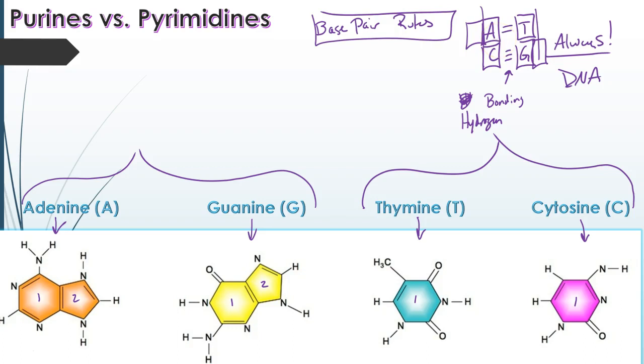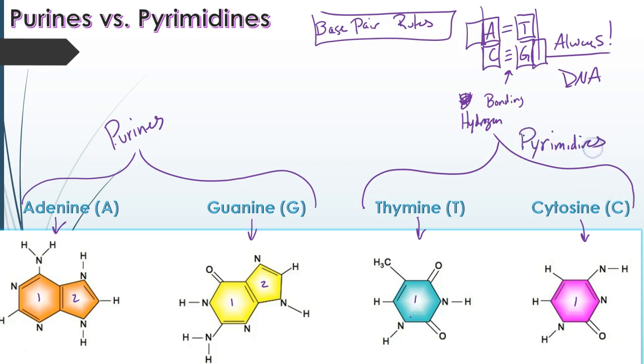So A is going to pair with T, and C and G are going to pair together. And that's to keep a uniform width or a uniform thickness to our DNA molecule, which you'll see in a later slide. But for now, adenine and guanine are both the purines, and T and C are both the pyrimidines.